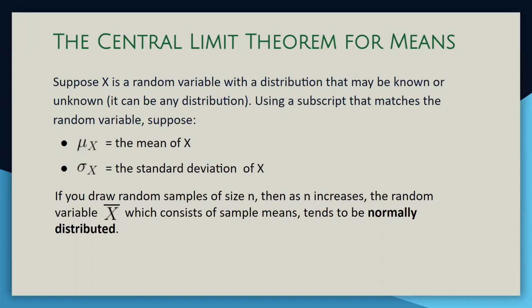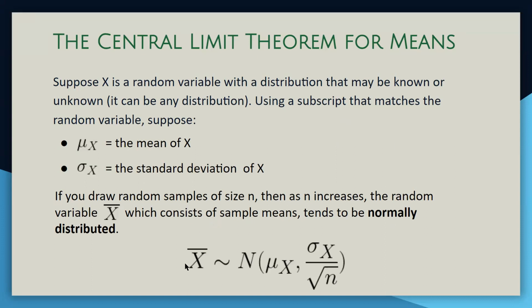This is very powerful in statistics because if we're looking at a distribution of sample means, we know they are normal, even if the original raw data is not. And so that's going to allow us to use the normal distribution to describe a lot of systems that if we looked at the raw data are not normal, but those sample means are.